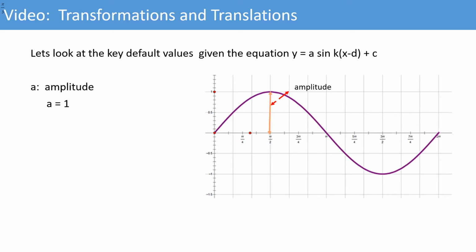So a is equal to 1. The axis of curve, which is the horizontal line cutting the graph into two equal parts, is found where y is equal to 0.